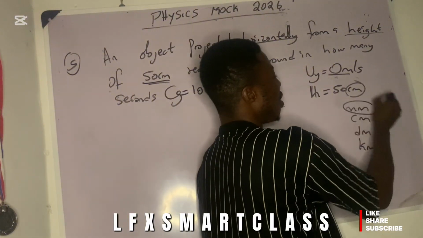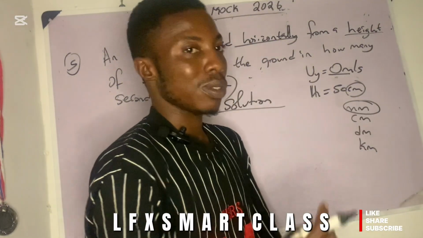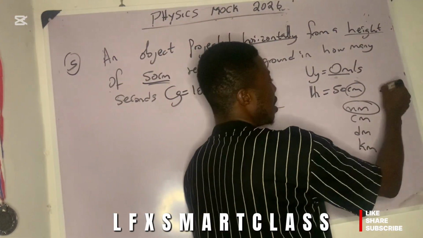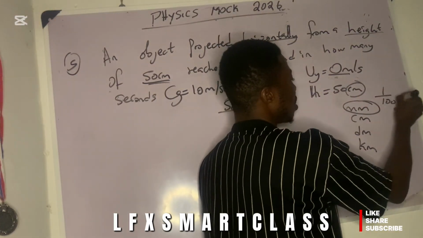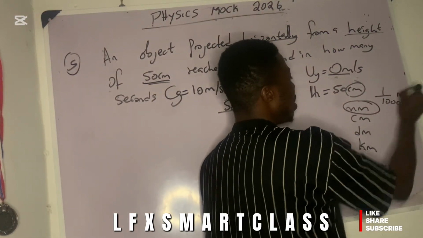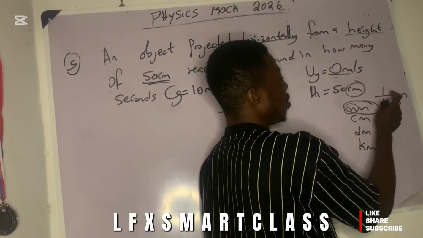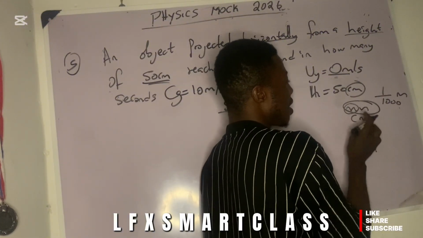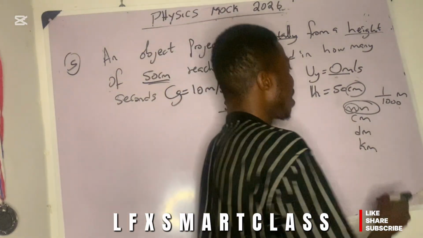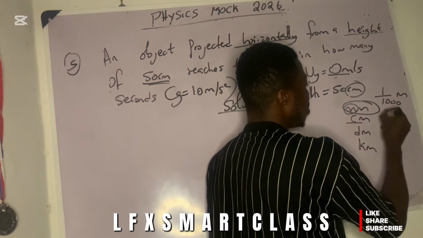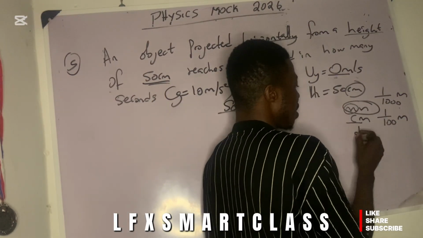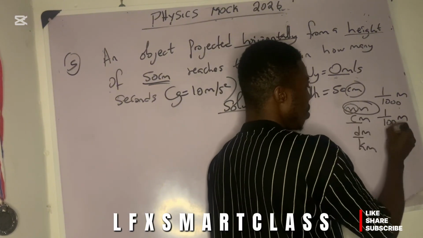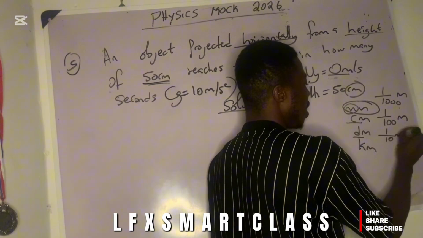So if you want to convert from a millimeter, there's one thing I want you to understand. Milli is 1,000, so it's going to be 1 over 1,000. Anywhere you see milli, you replace it with 1 over 1,000. Then centi is 100, which means anywhere you see centi, you replace it with 1 over 100. Deci is 1/10.